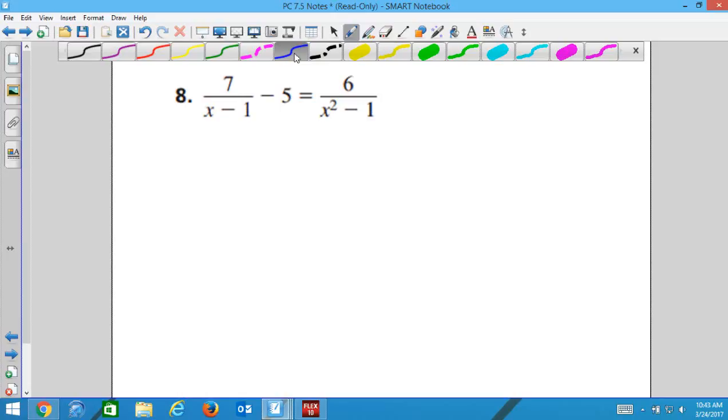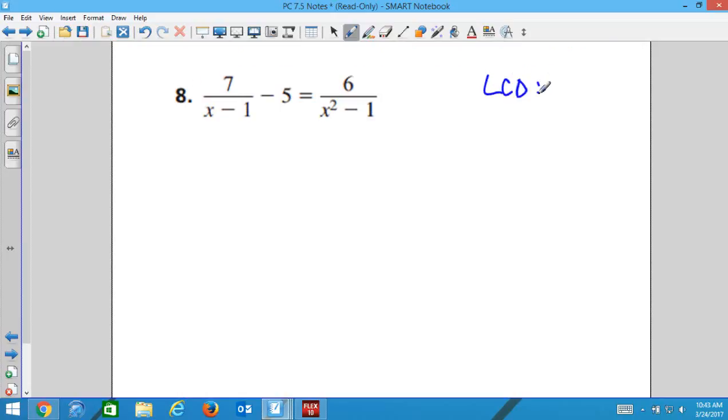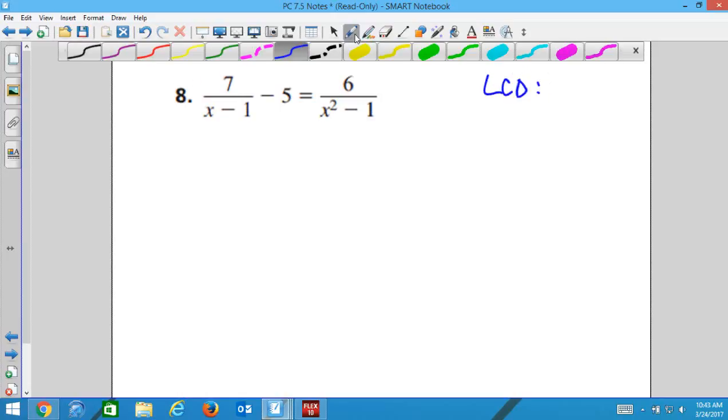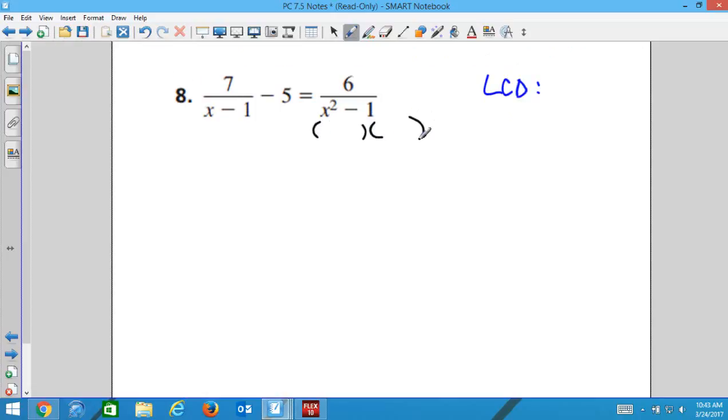Okay, so we're going to find our LCD, but to find the LCD, we need to factor. So this one factors to x plus 1 and x minus 1.